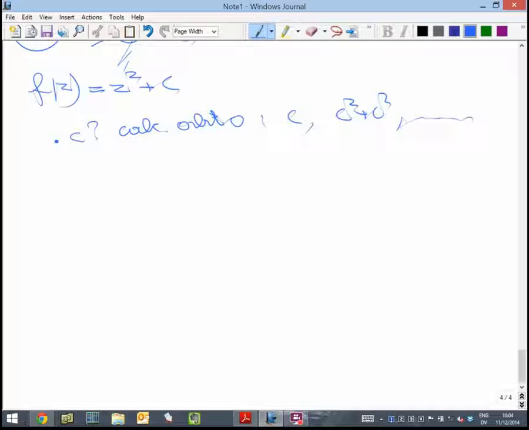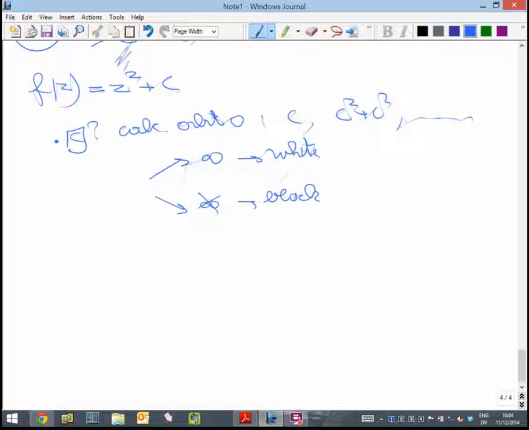Then there are two possibilities. Either this thing runs away towards infinity, or it doesn't run away towards infinity. And based on these two possibilities, you give the pixel corresponding to the point c, which you picked, a color. So for example, if it diverges towards infinity, you can color it white. If it does not, you can color it black.